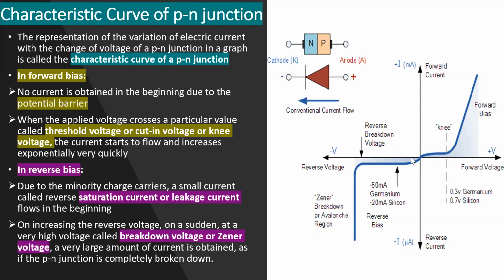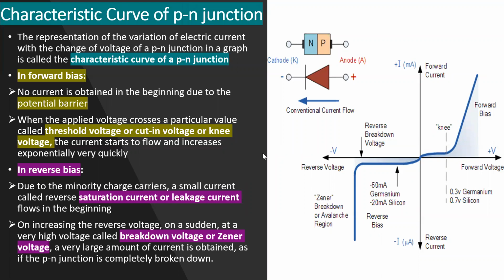Now, when we look at the reverse connection, in reverse bias, the positive terminal of the battery is connected to the n-type of the PN junction and the negative terminal of the battery is connected to the p-type. In such a case, initially there will be a very slight flow of current. See, it's in the microampere range and it's still less, maybe nanoamperes, very small.